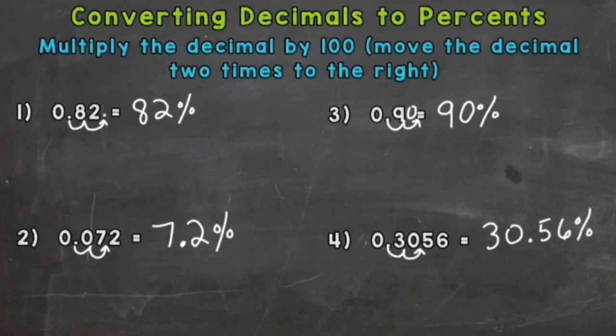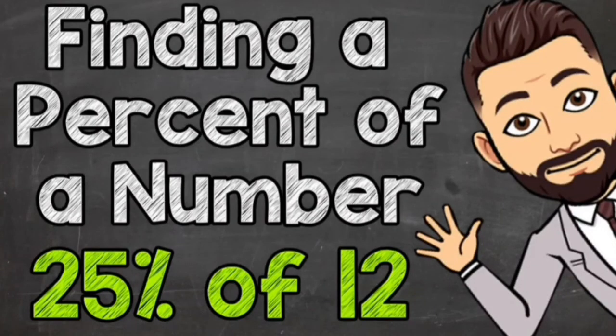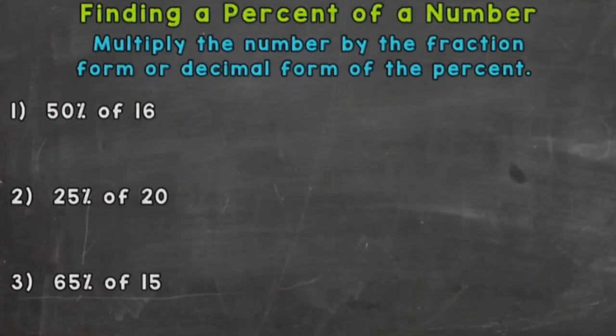Alright, finally, we are going to look at how to find the percentage of a given number. This is one application of percentage. Now looking at the first example, 50% of 16.